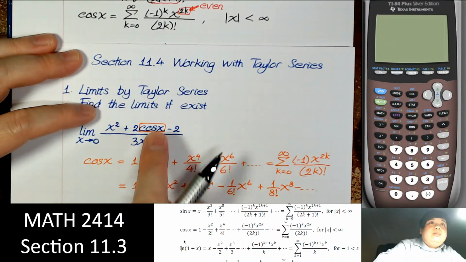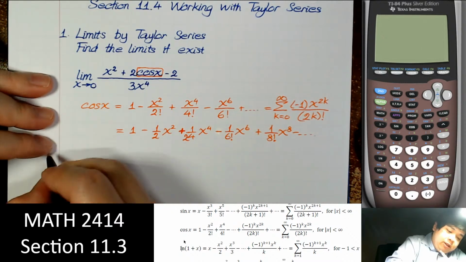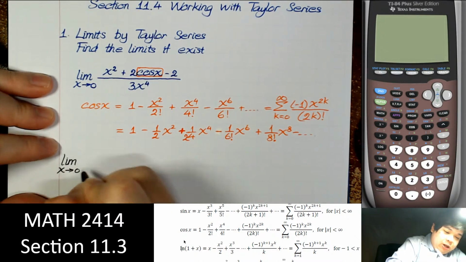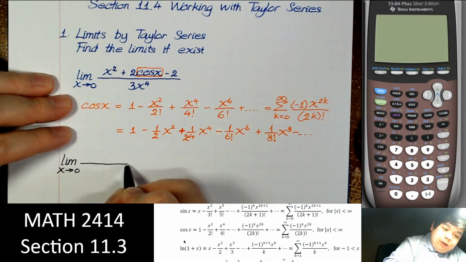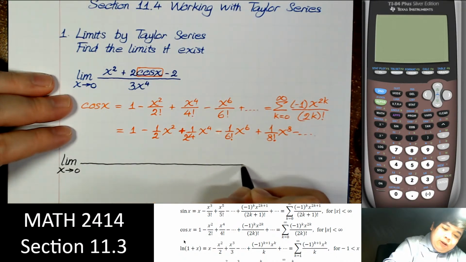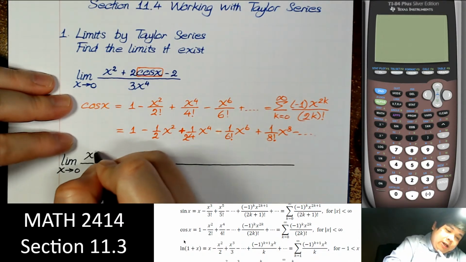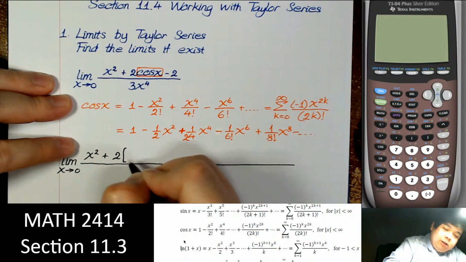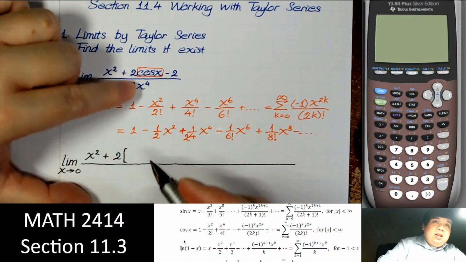Use that, substitute into cosine. So back to our problem, x goes to 0. We have x squared plus 2, and then for the cosine, I'm going to use this.